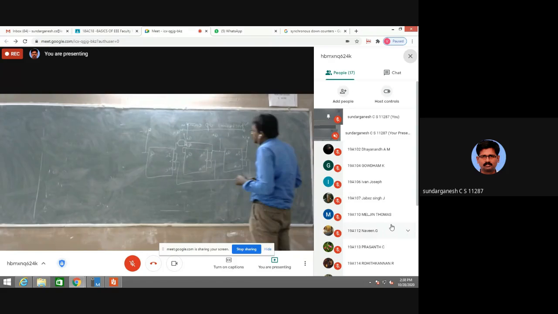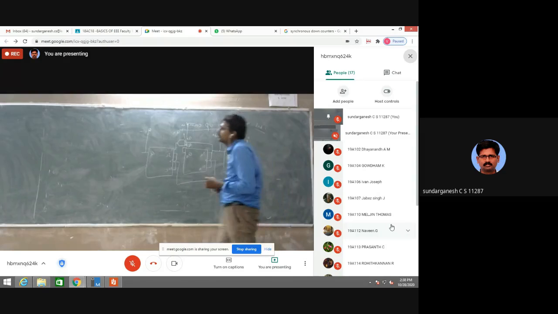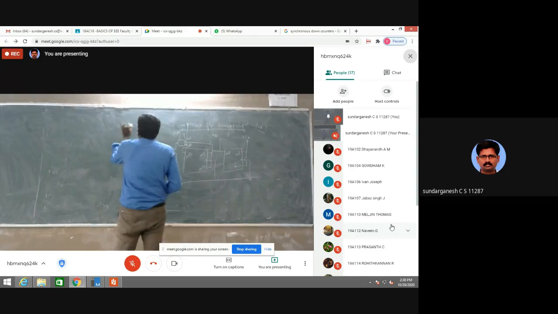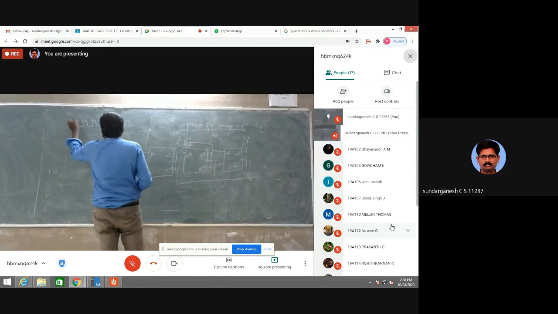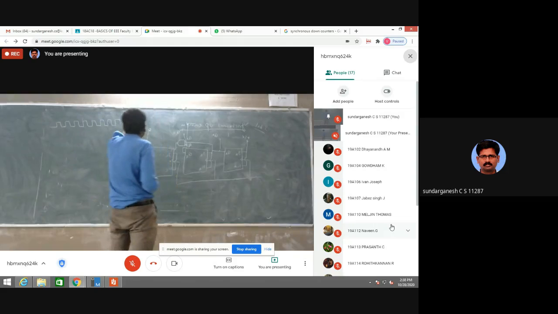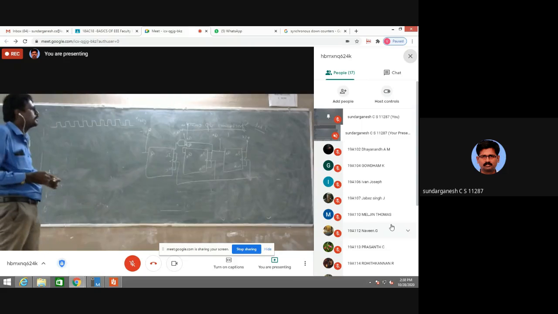So here also, first we draw the timing diagram, then we draw the truth table. So I am drawing the timing diagram. So this is the clock. The first flip-flop is a toggle flip-flop. It has no problem.